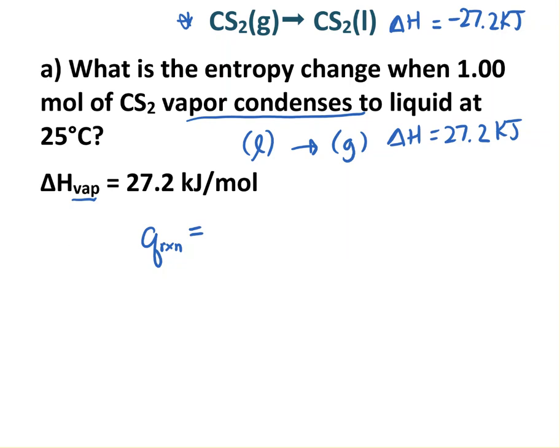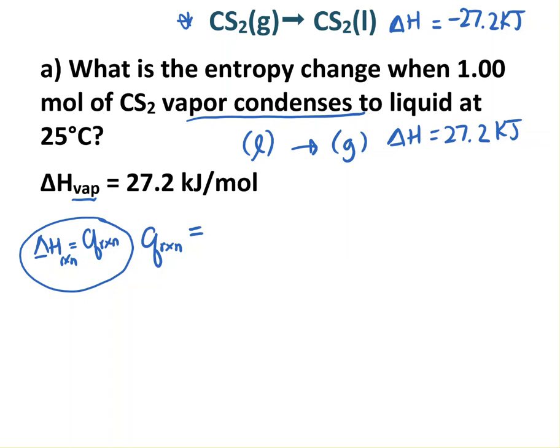And we always assumed that delta H for the reaction is equal to the Q for the reaction. We did that because we assumed there was no PV work. Anyway, so let's calculate our Q for this reaction.